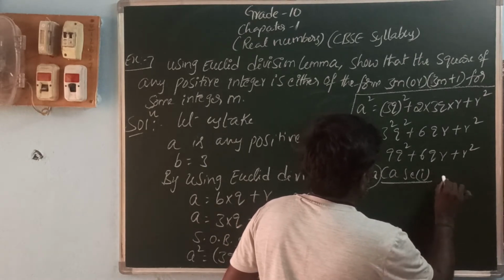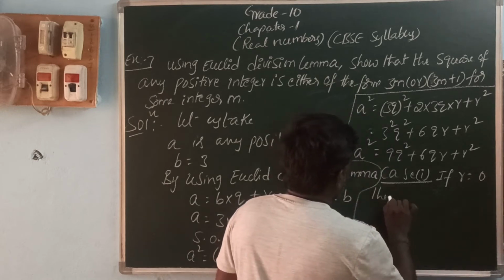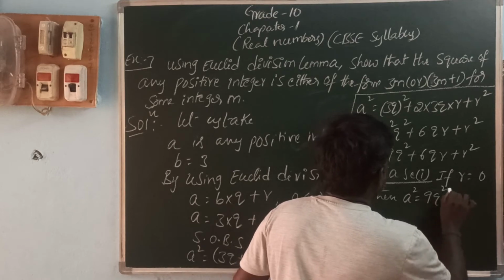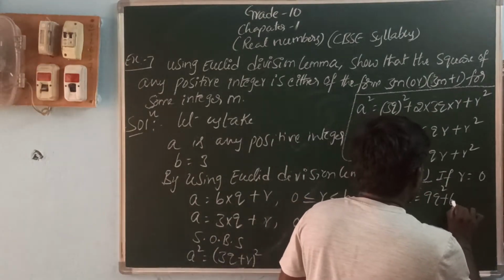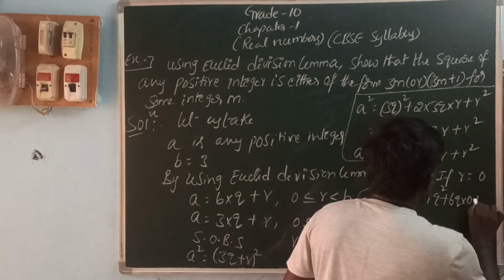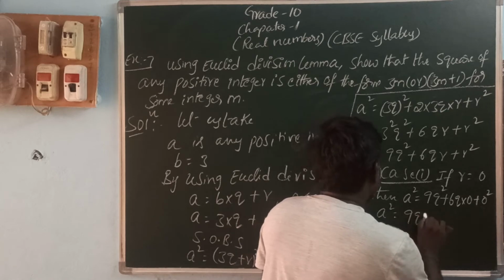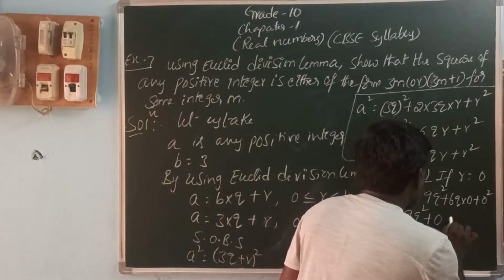Case 1. If r is equal to 0, then in the place of r we put 0. So a square is 9q square plus 6q into 0 plus 0 square. 0 multiplied with anything gives 0, and 0 square is 0.